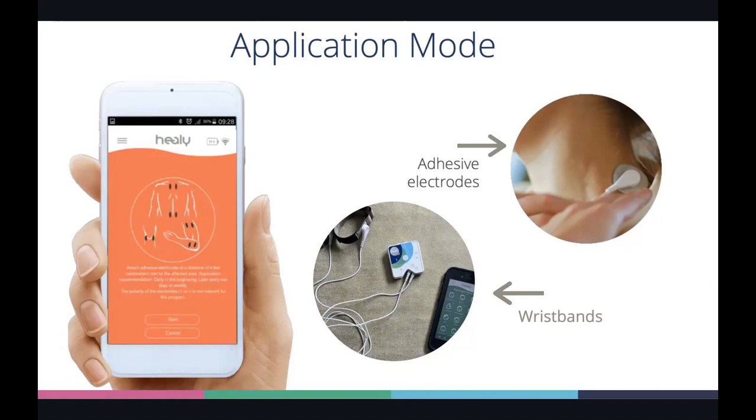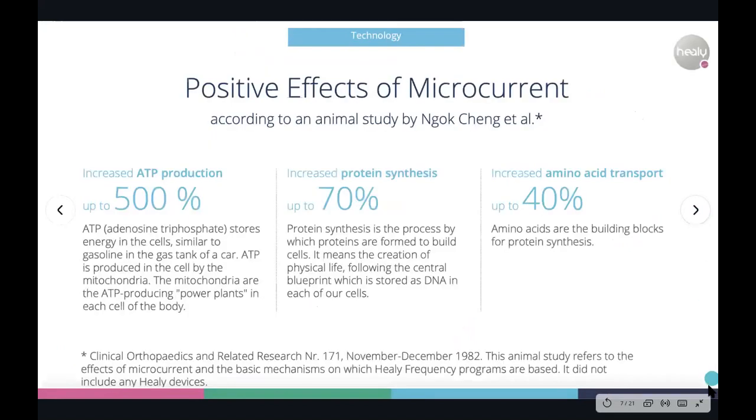We simply connect the cables themselves to the Healy device and then connect them to either the wristbands or the adhesive pads, and that will depend on which program you're running. Then you would turn on your Healy, select the program, and then a microcurrent is being delivered to the body. What's actually being delivered is electrons, which are specific particles directly to the body and the cells themselves. So it's optimizing cell potential.